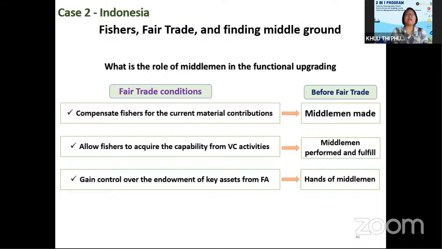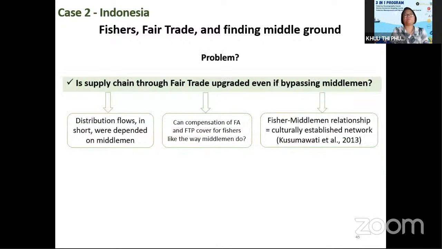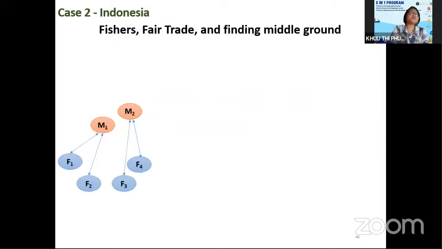But before, their activity is very different. But the problem is the distribution flows in short will depend on the middleman, and the relationship between the fisherman and middleman actually is a culturally established network.